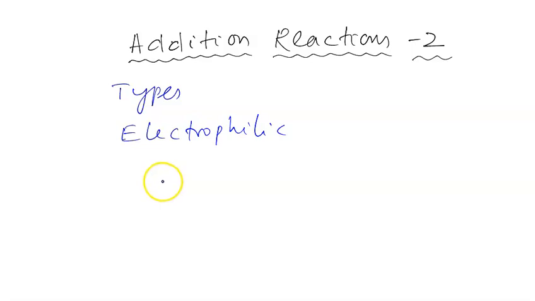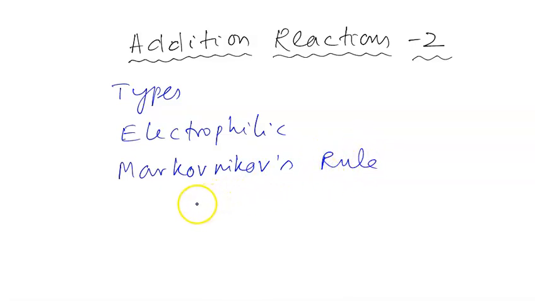Then addition of symmetrical reagent with symmetrical alkene and unsymmetrical with unsymmetrical alkene, where we discussed Markovnikov's rule. That means how an unsymmetrical reagent adds to an unsymmetrical alkene, which rule it follows.